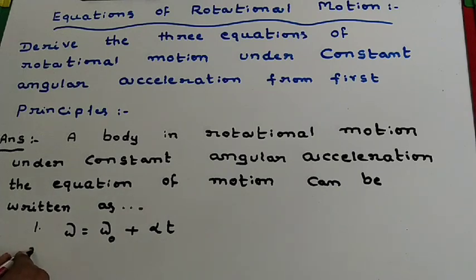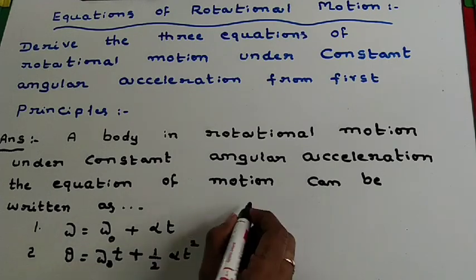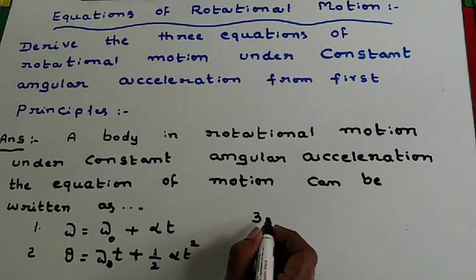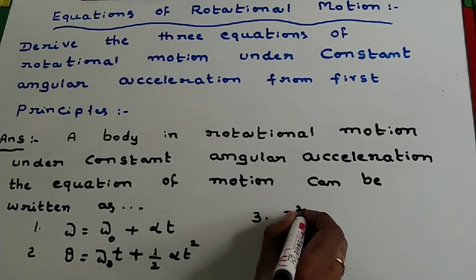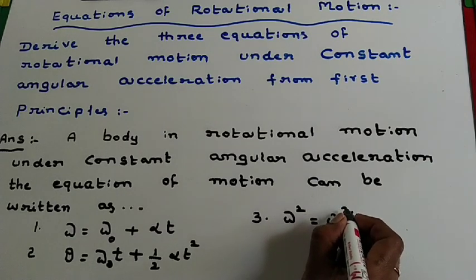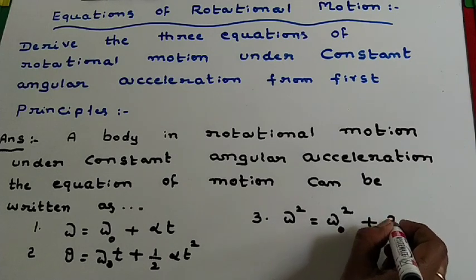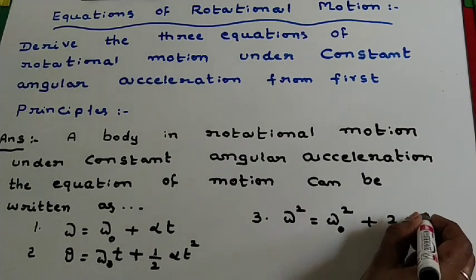Point number 2, theta is equal to omega naught t plus 1 by 2 alpha t square. Now point number 3, omega square is equal to omega naught square plus 2 alpha theta.